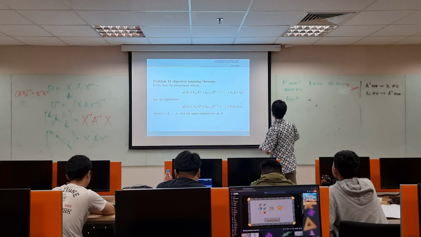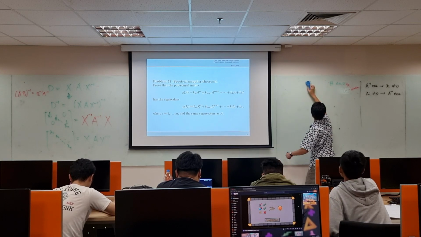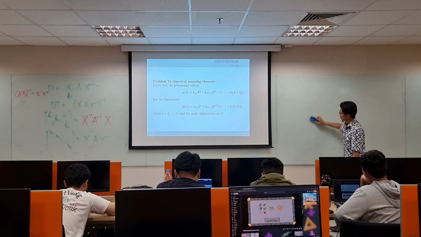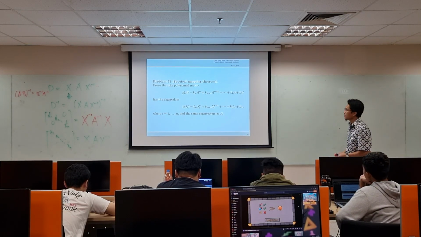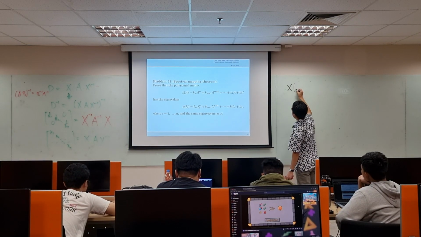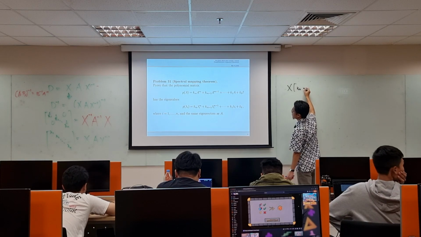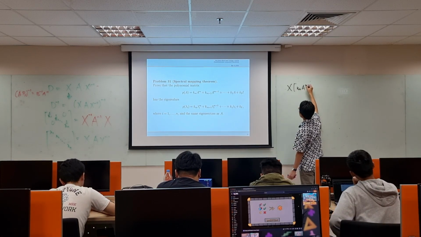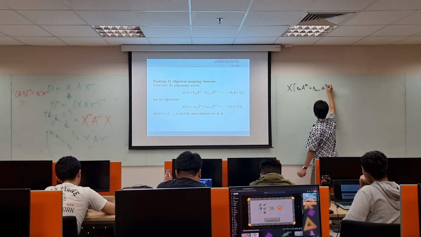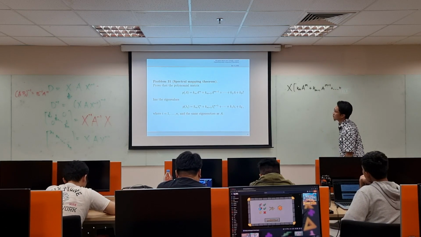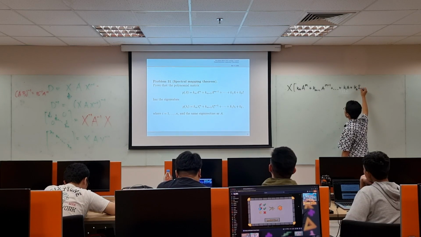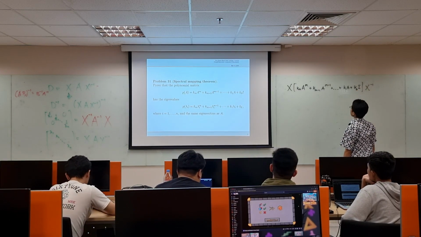The same eigenvector, right? So if I have the X multiplied by k_m A to the power of m plus k_(m-1), and then plus k_1 A plus k_0 I times X inverse, what do we get?